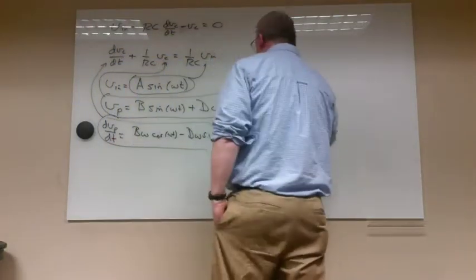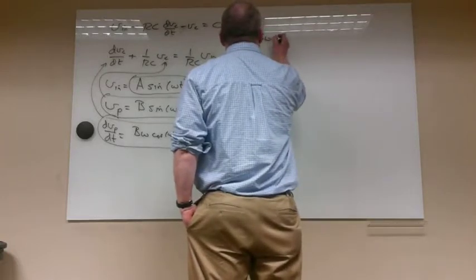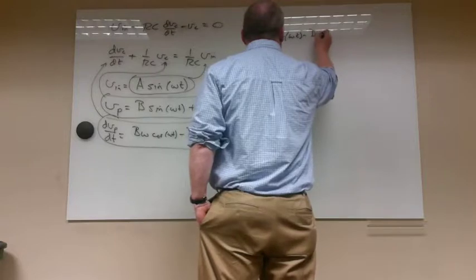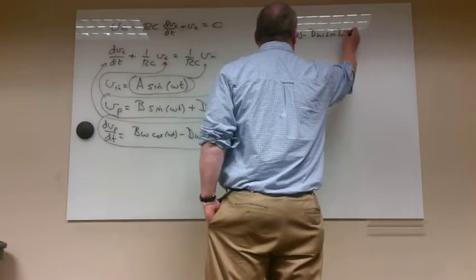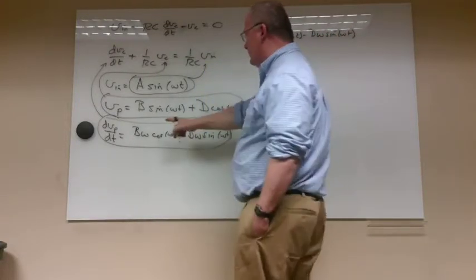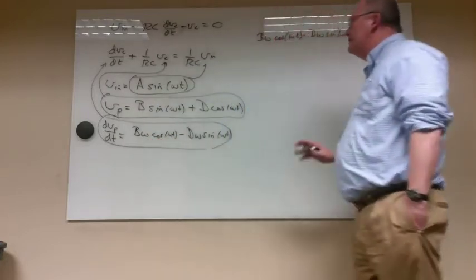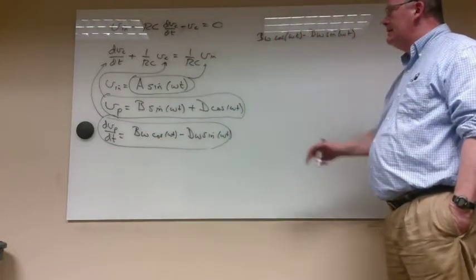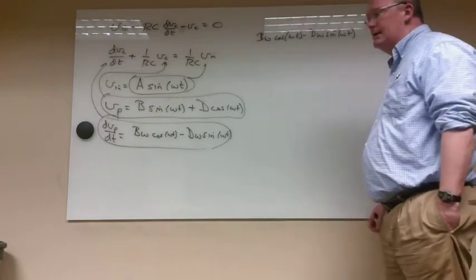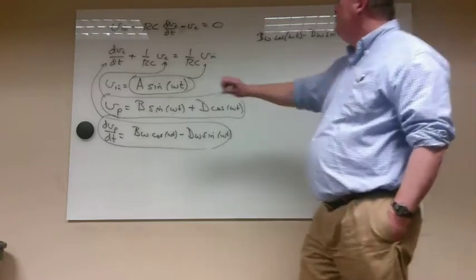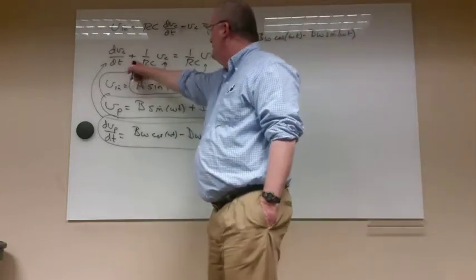Well, I've got B omega cosine of omega t minus D omega sine of omega t. I've taken this derivative and just plugged it in right there. There's no RC modifying it, nothing at all, just a plain old dV/dt. We're replacing that with dV_p/dt. So next, by the way, oh yeah, right here we have the plus.